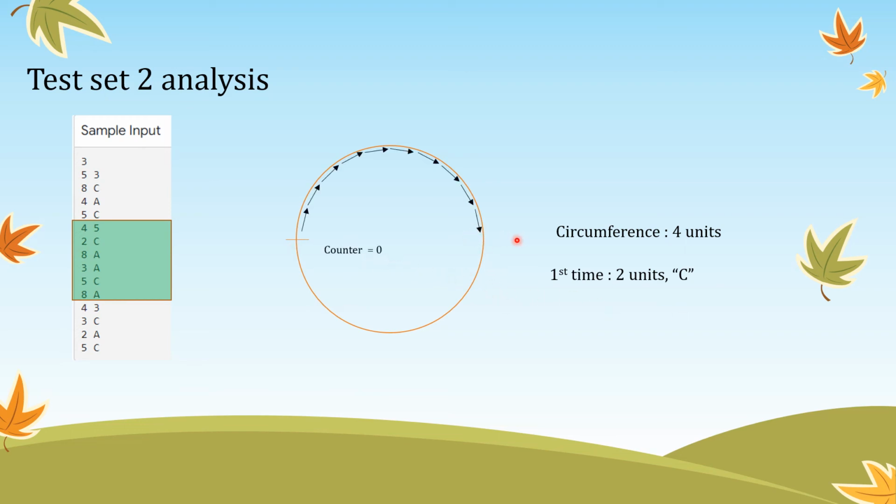From here she takes a break, and the second time when she continues her practice, she does 8 units in the anti-clockwise direction. So she is going in reverse now, and she is going 8 units, which is equivalent to moving around this circle 2 times. Since we have 5 travels, we need to draw these arrows also, and to avoid the mess, I will use a thick arrow here.